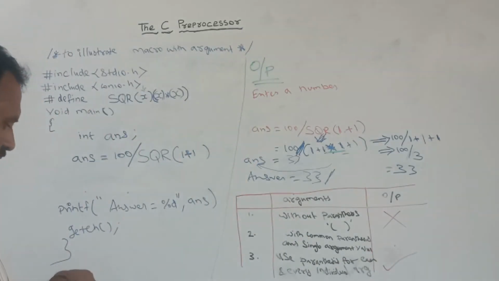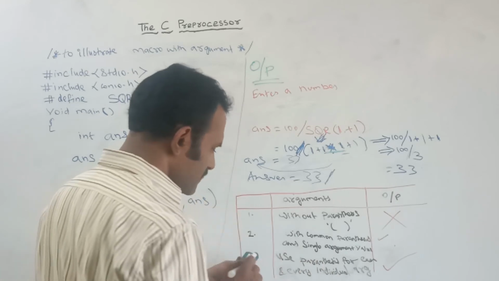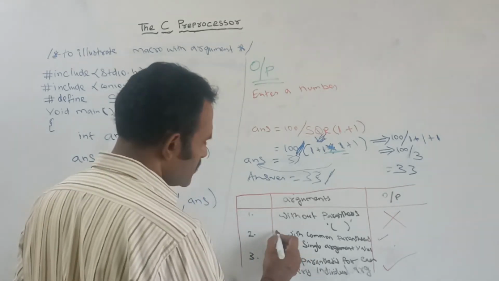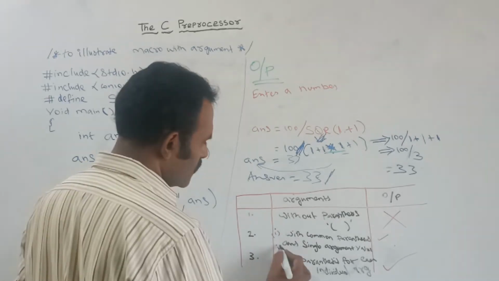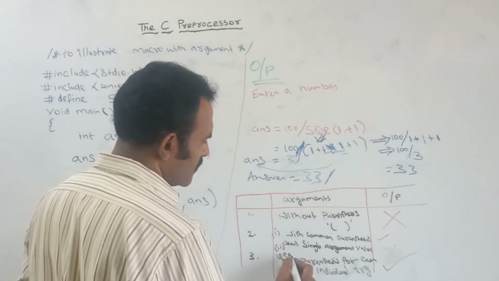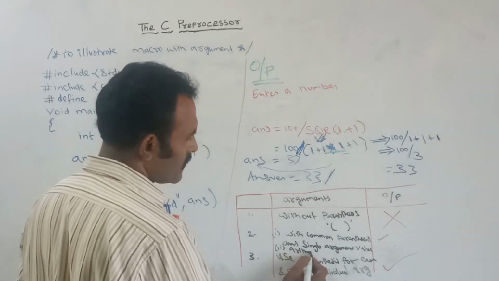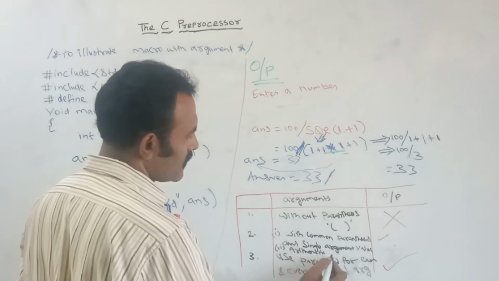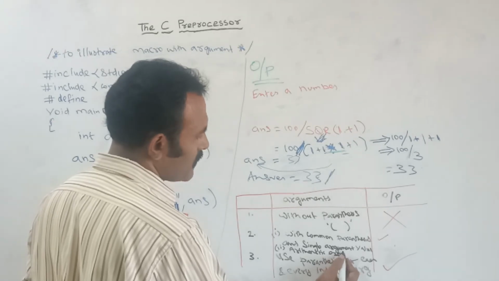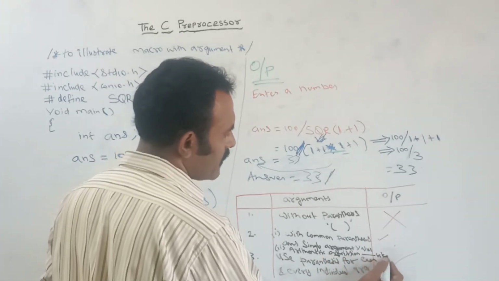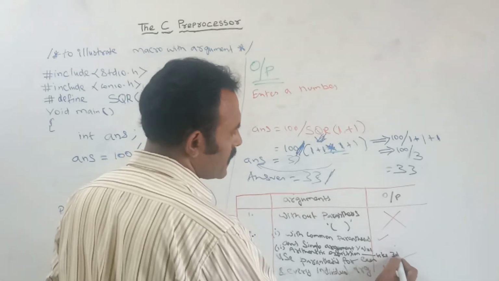Here in the second one, in other words, this is the first one. Second one, using an arithmetic expression like 3 plus 1.